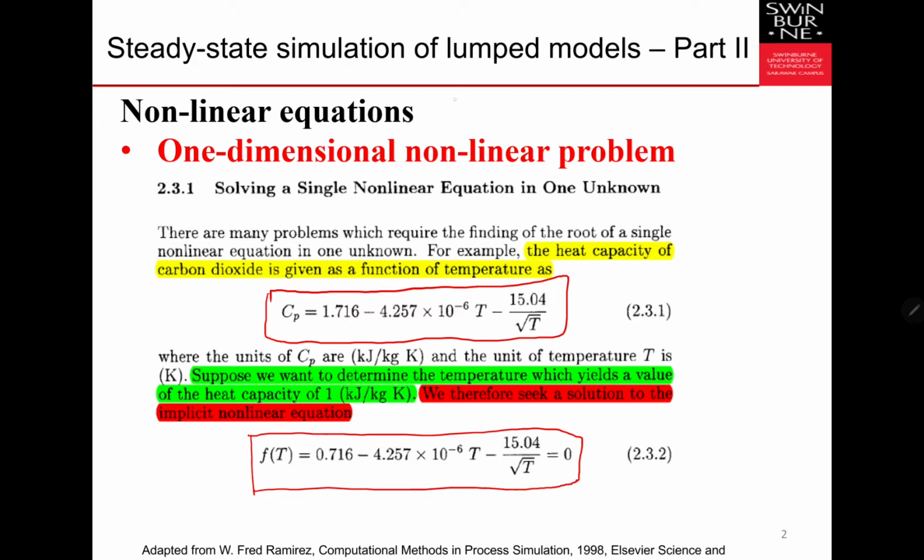So if I put Cp equal to 1, then 1.716 minus 4.257 times 10 to the minus 6 T minus 15.04 divided by the square root of T, minus 1, can be 0.